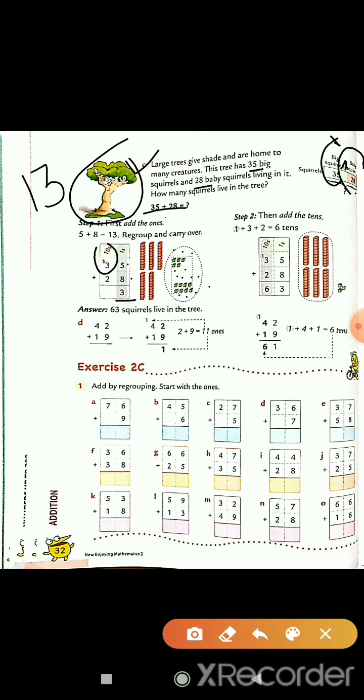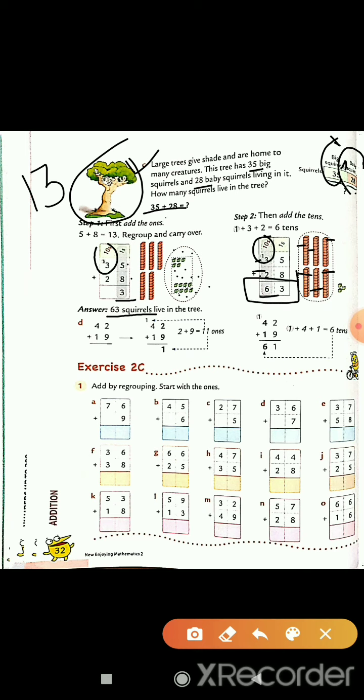After that, in step 2, we have to add the tens. At the place of tens, 3 and 2 are there and the one which we have carried. So count them together. 1, 2, 3, 4, 5, 6. So at the place of tens, we will write 6. So our answer is 63 squirrels live in the tree.